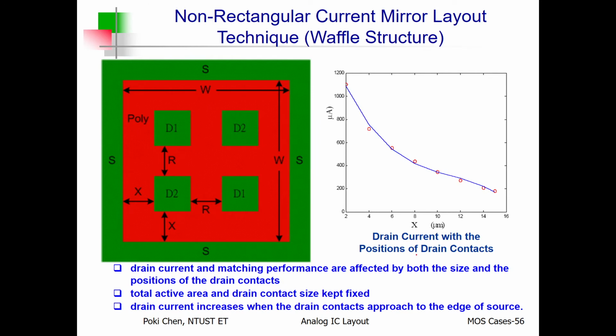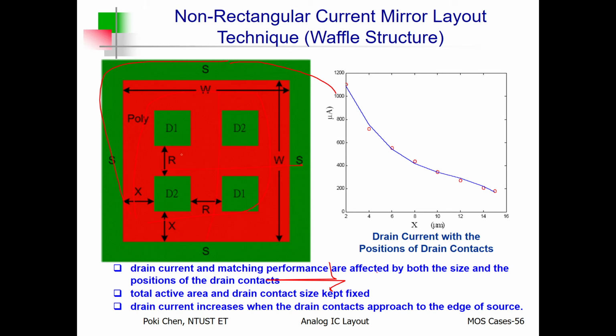Anyway, before I introduce the other paper from the same group, allow me to show you that Professor Geiger and his students would like to reduce the layout area for you. Okay, this is another innovation. You can see all the sources are the same, right? And then all the gates are connected, I mean for M1 and M2.